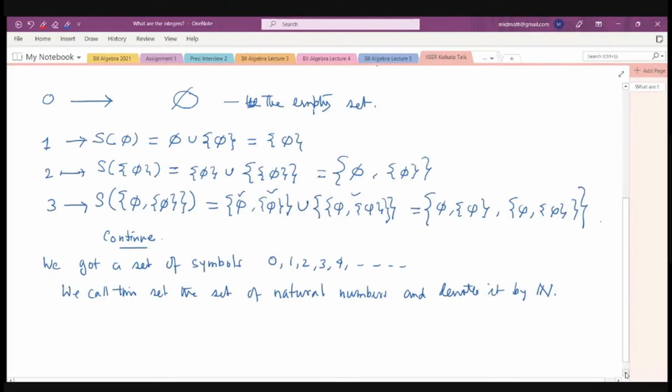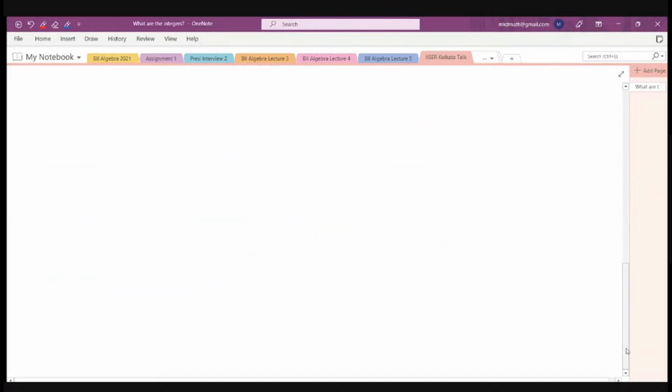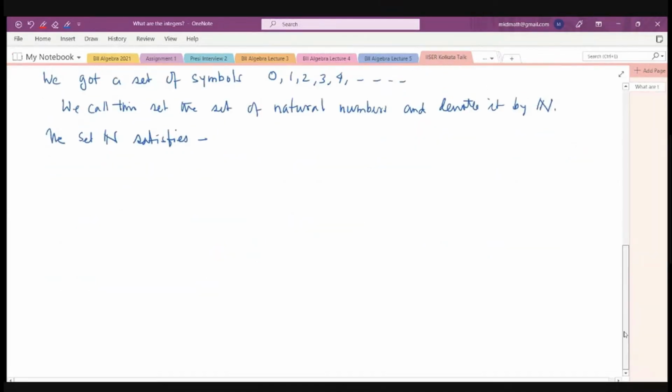Once you have this, the set N satisfies the following properties.